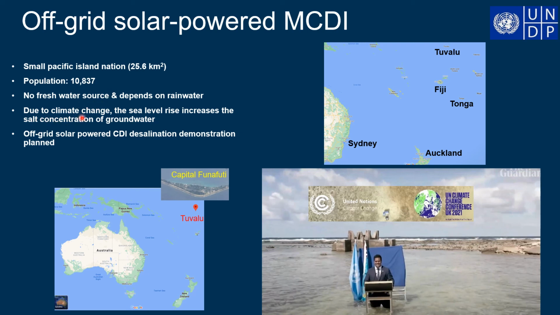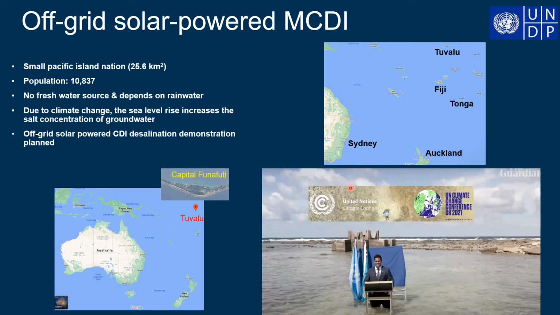And due to climate change, the seawater level rise increases, and the salt concentration of the groundwater is also problematic, so we have proposed an off-grid solar power CDI desalination demonstration project with the Tuvalu government.